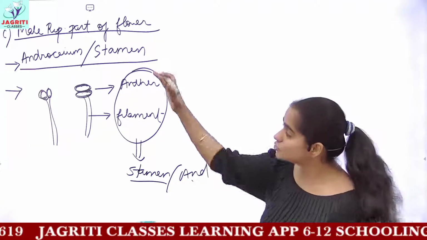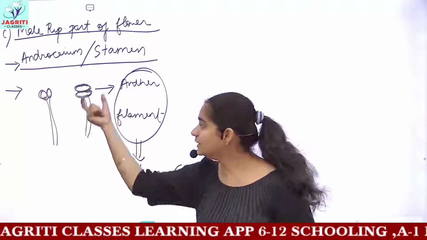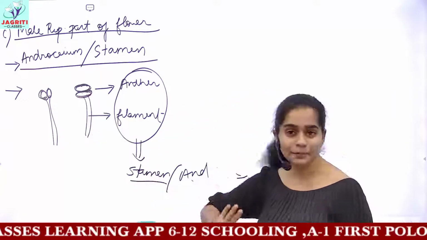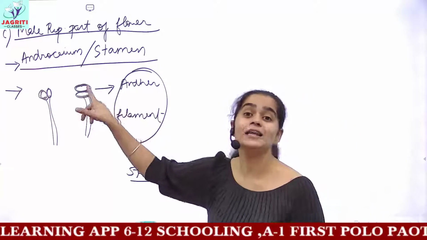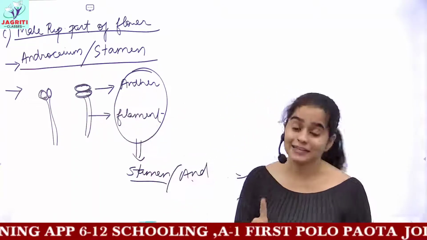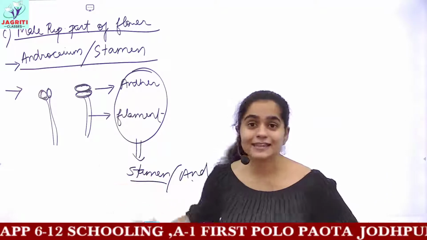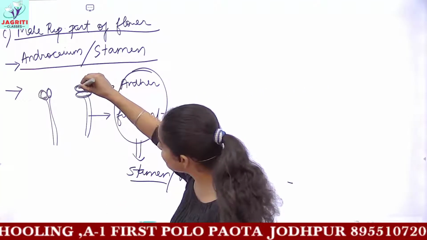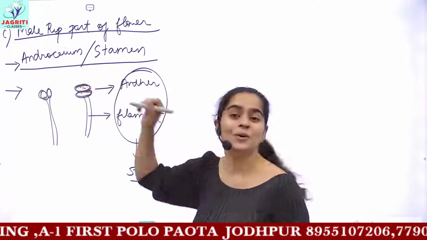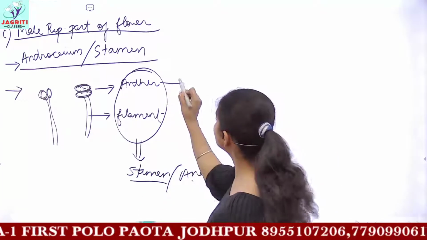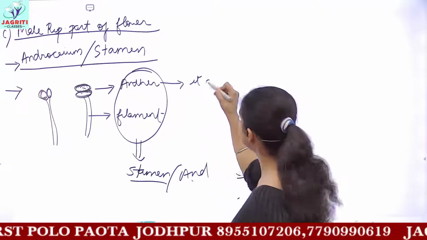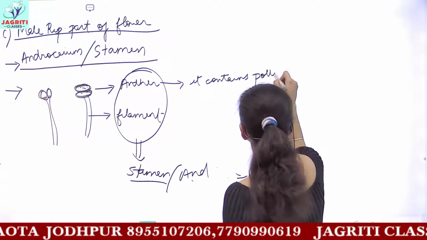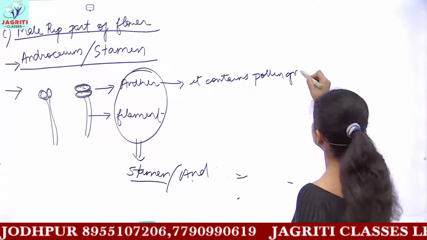It contains two parts. It has a stalk-like or stem-like part which is known as filament, and then you have a bilobed part which is known as anther. And inside this anther you have pollen grains. So the interior of this anther is filled with pollen grains. We can write: anther contains pollen or pollen grains.